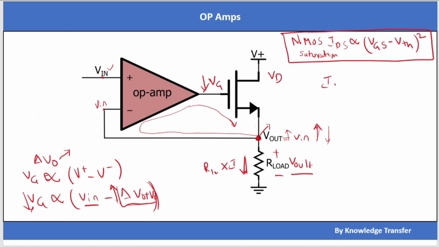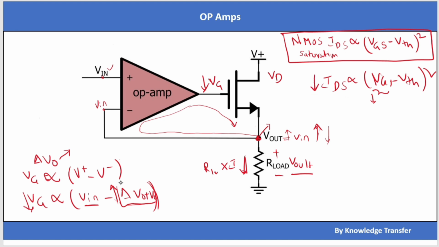For saturation of NMOS, IDS is proportional to (VGS minus VTH) whole square. Our Vg got reduced, so Vgs will reduce, and because of that IDS will reduce.